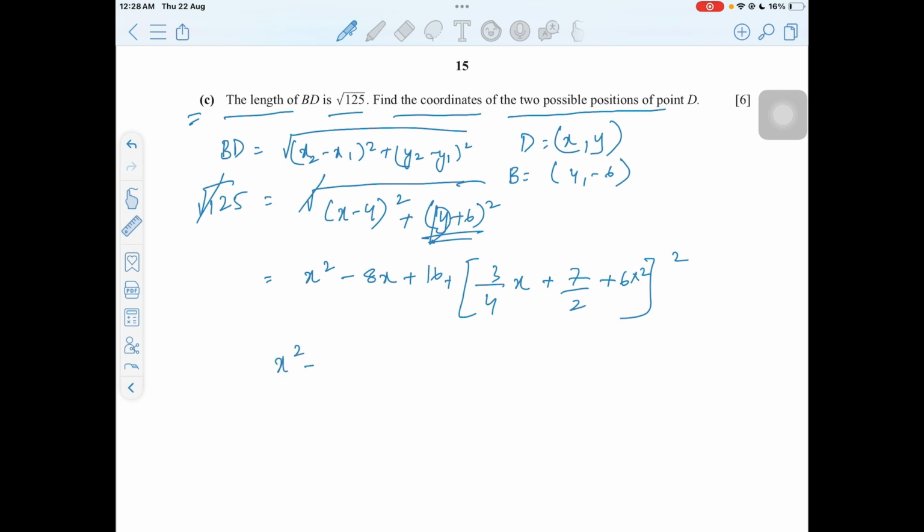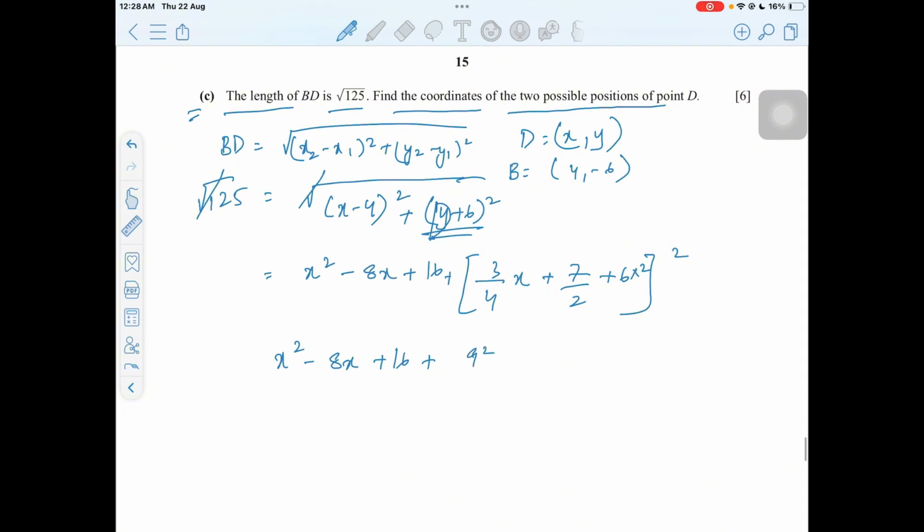So this would be x² negative 8x plus 16. This (3 upon 4)x, whole squared, would be 9 upon 16 x².